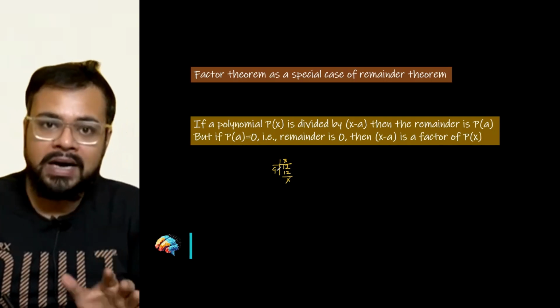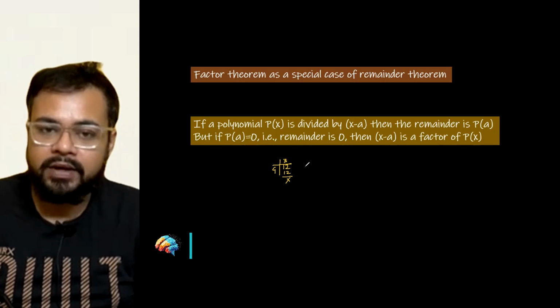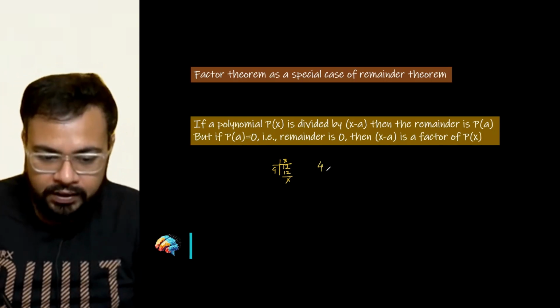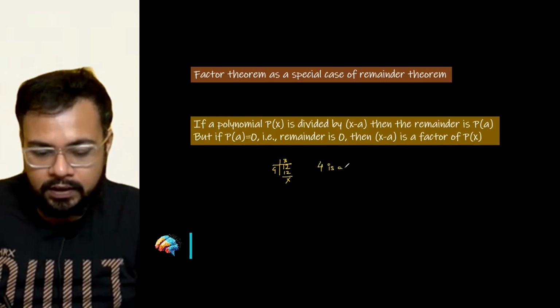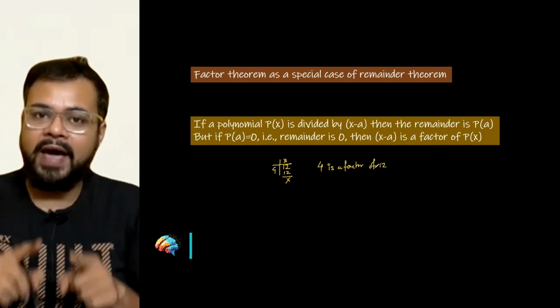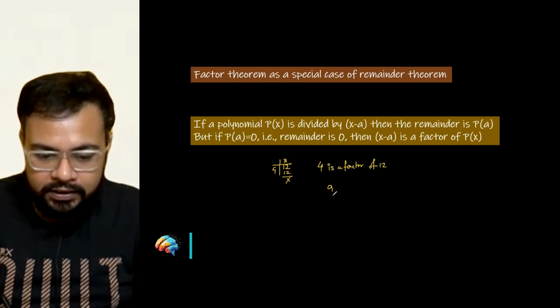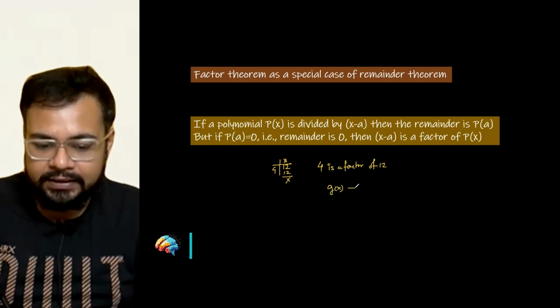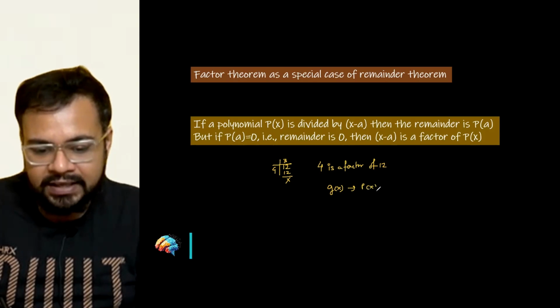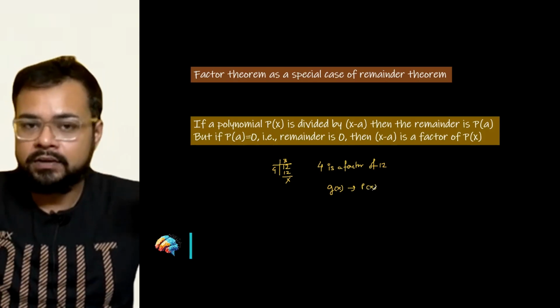Whenever a number leaves no remainder while dividing another number, we call it a factor. 4 is a factor of what? Of 12. 4 is a factor of 12. Similarly, if any polynomial g(x) divides P(x) and leaves no remainder, then g(x) is a factor of P(x). Simple thing.